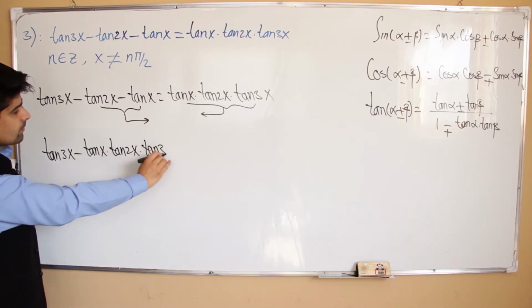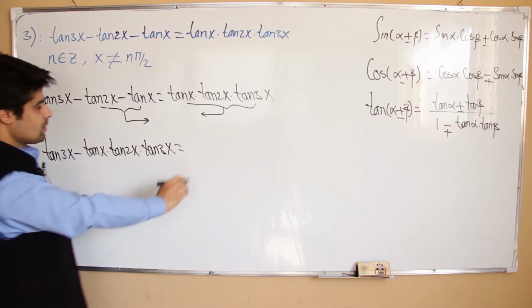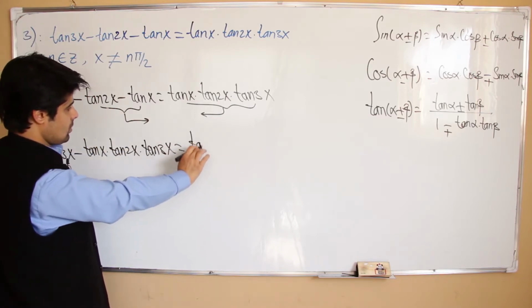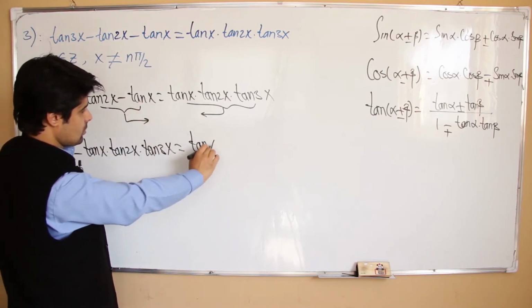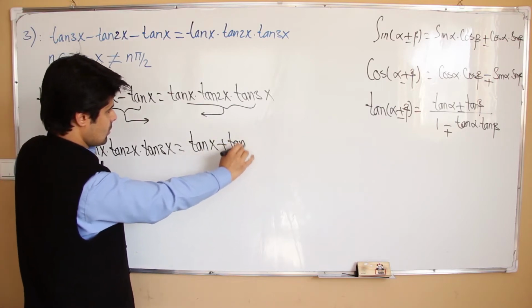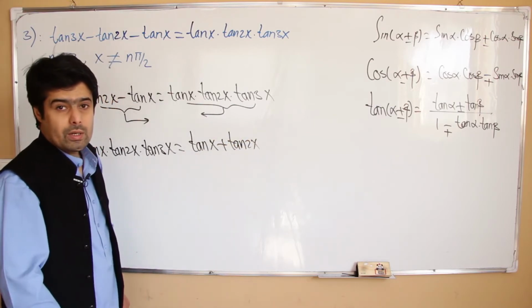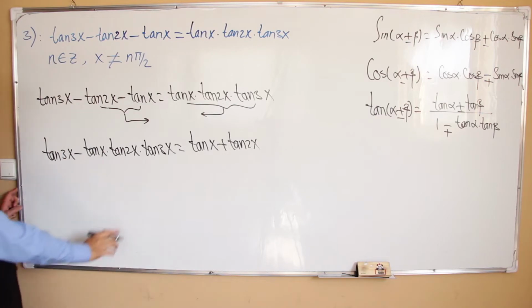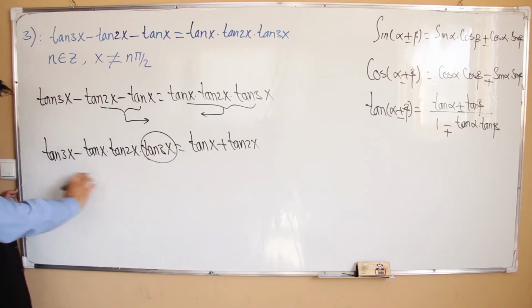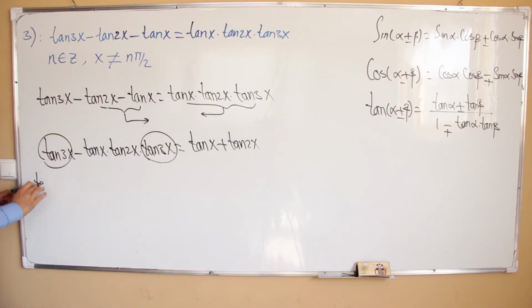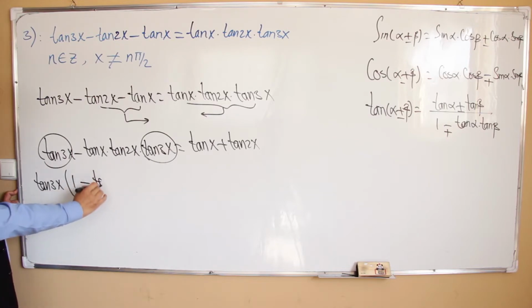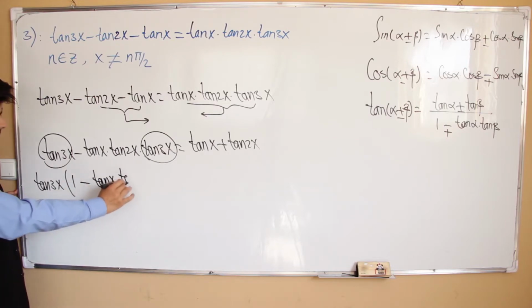Tangent 3x. Now in here, this one is tangent x plus tangent 2x. Am I right? Yes. Now we have as a factor tangent 3x. So tangent 3x is a factor we have taken. Tangent 3x by tangent 3x, it's 1 minus tangent x times tangent 2x.